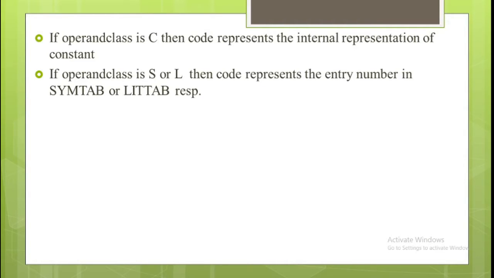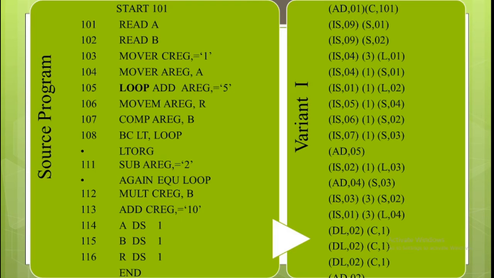If the operand class is C, then the code represents the internal representation of the constant. And if the operand class is S or L, that is symbol or the literal, then the code represents the entry number in the symbol table or the literal table respectively.